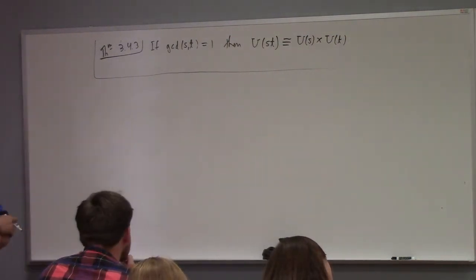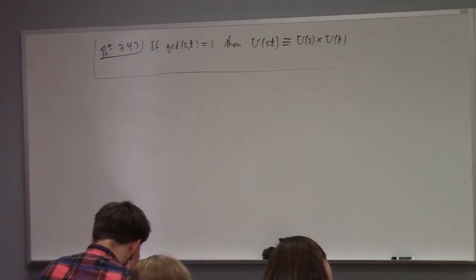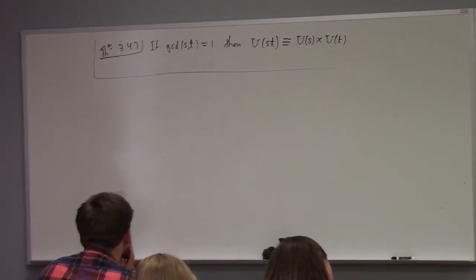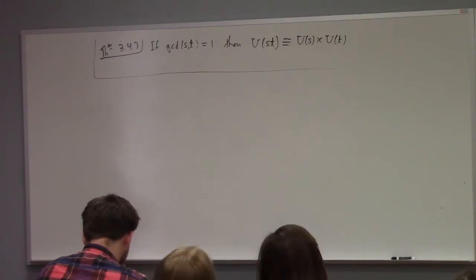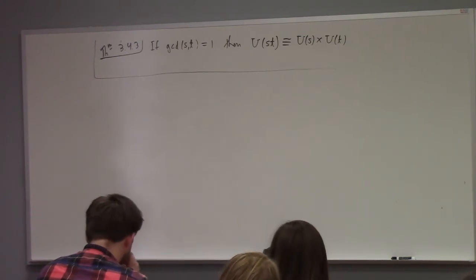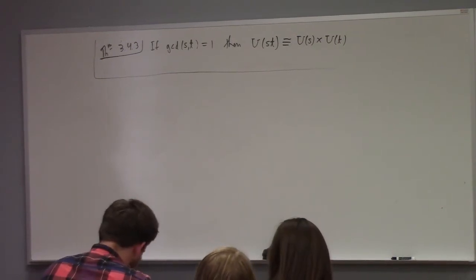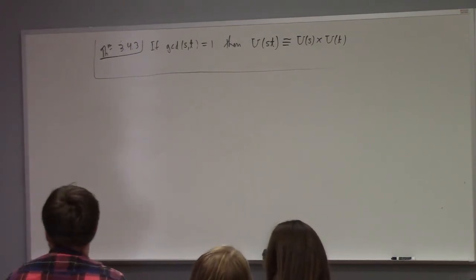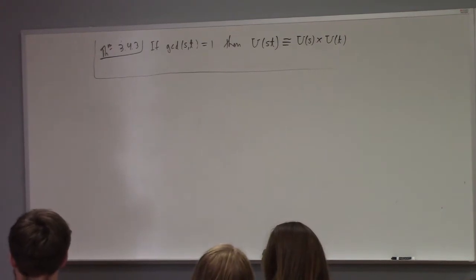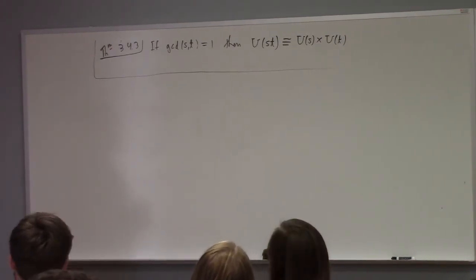So in fact, looking at the group of units of order 21, that's isomorphic to U3 cross U7. If we're looking at the group of units of, say, 50, that's the group of units of 2 cross the group of units of 25, et cetera.